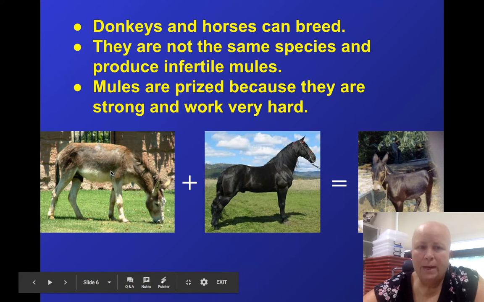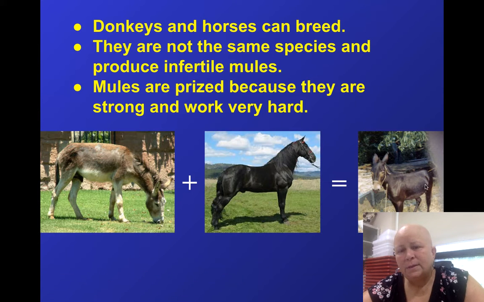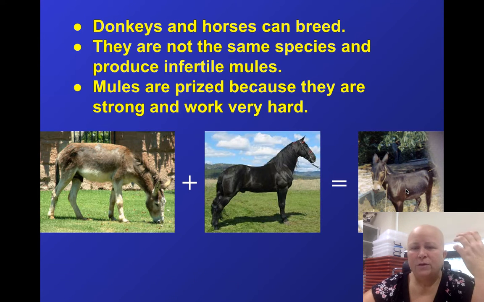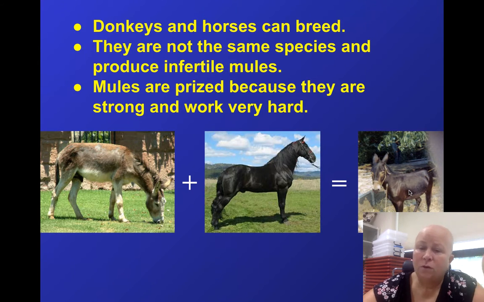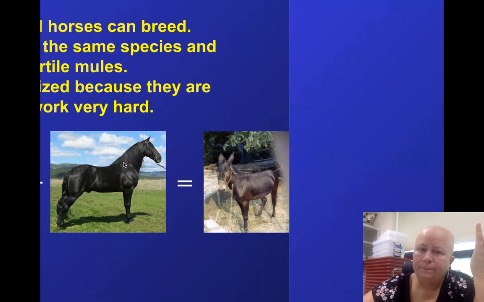The reason they breed donkeys and horses is because the mules receive traits or characteristics from both of the parents, both the donkey and the horse, and so they end up being very strong and they work very hard. But mules cannot produce offspring. To get another mule, you have to breed a horse and a donkey again.